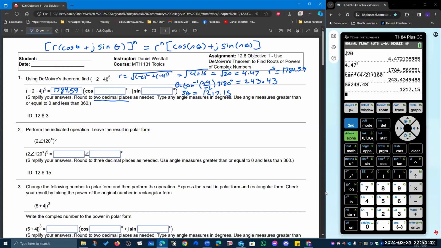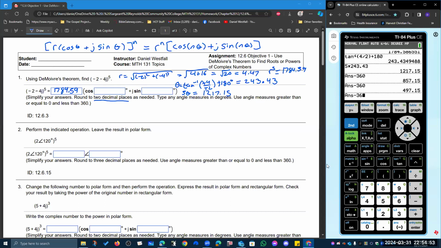And then they're going to want me to subtract 360 and do that again. Now I'm between 0 and 360 degrees, and they want me to use 137.15. You'll see how different this answer is from if you would just stick it in the calculator.